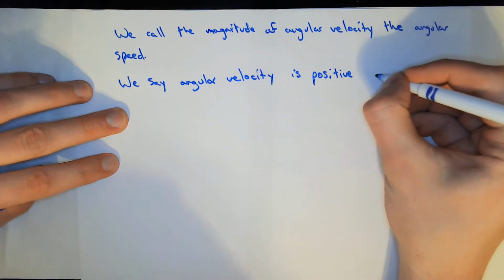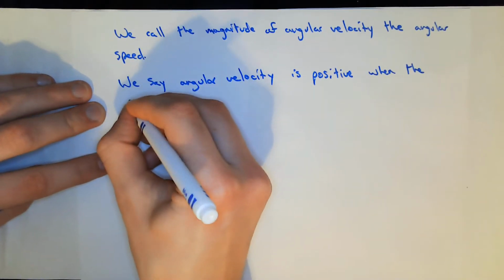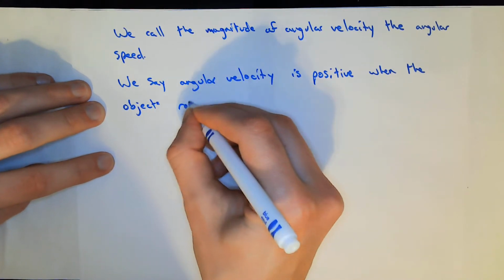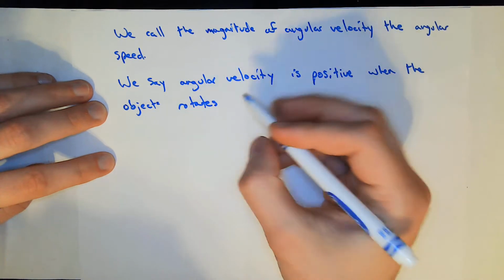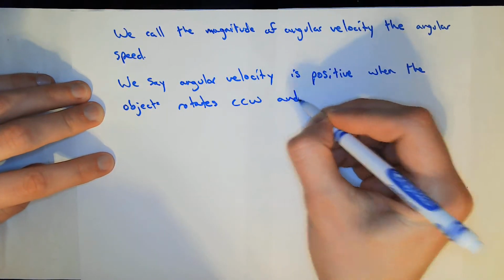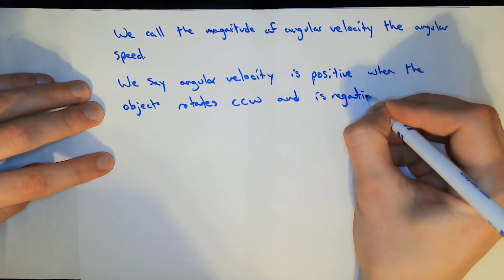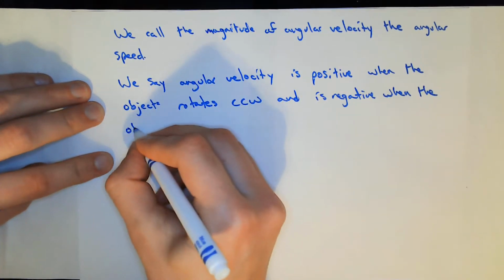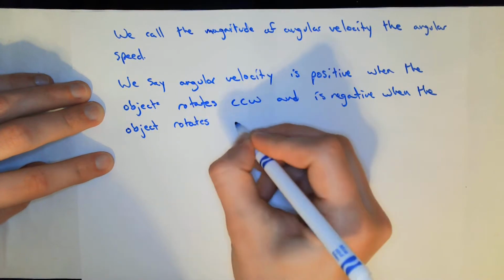We say angular velocity is positive when the object rotates counterclockwise and is negative when it rotates clockwise.